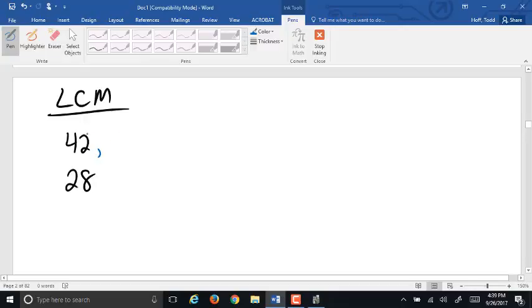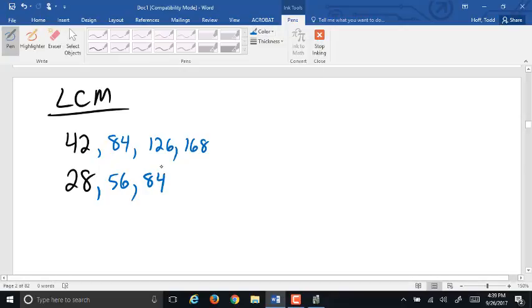We could count up by 42. 42 plus 42 would be 84, plus another 42 would be 126, plus another 42 would be 168, and we could keep going like that. We could do the same with 28. What's 28 plus 28? 56. Plus another 28 would be 84.